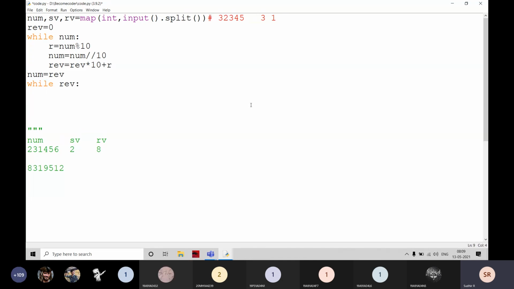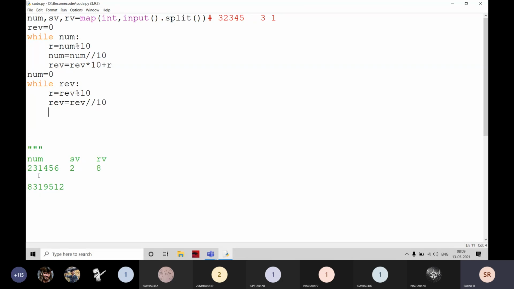Instead of this, I'm going to take 0 here. Now rev is equal to 0, r is equal to rev mod 10, then rev is equal to rev by 10.